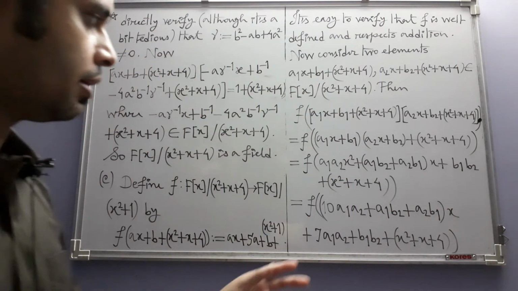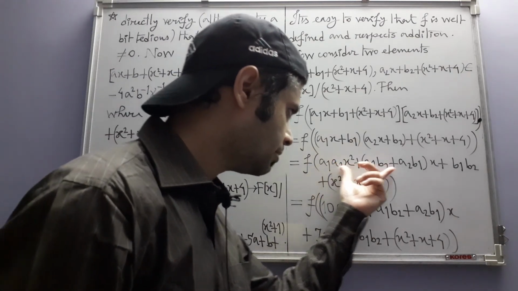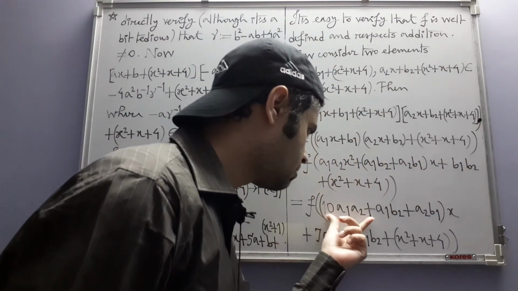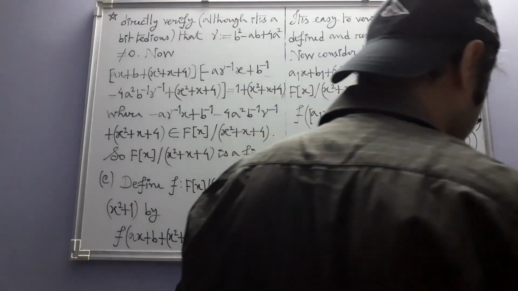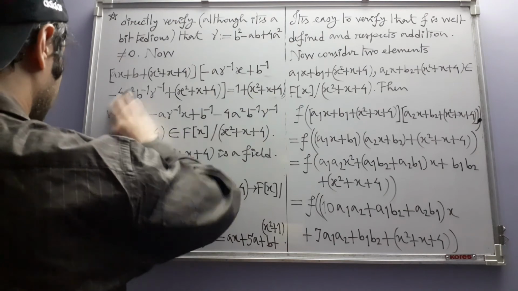It seems like we are saying that this coset is equal to this coset. In fact, that's what we are saying, we are using. But are they equal? Let us see.